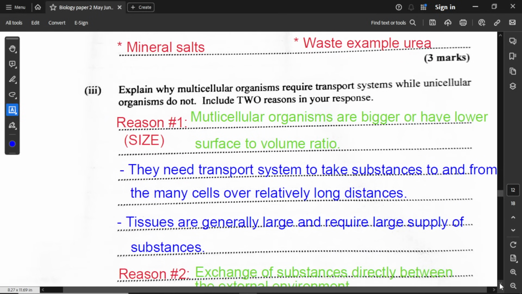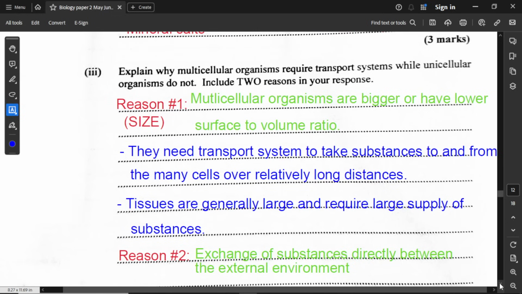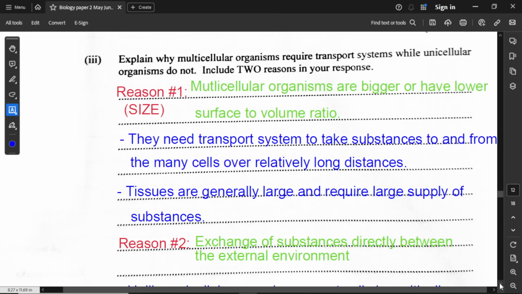And for part 3, it is explain why multicellular organisms require transport systems while unicellular organisms do not. Include 2 reasons in your response. And so what I do is to put the reasons and just explain one time. And so the first reason is that it's based upon size, okay? And that multicellular organisms are bigger or have a lower surface area to volume ratio.